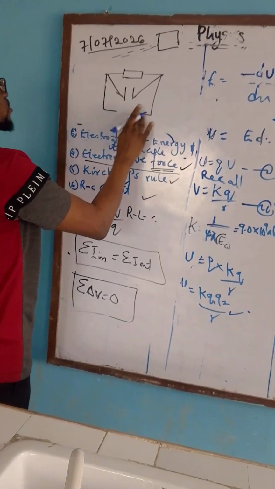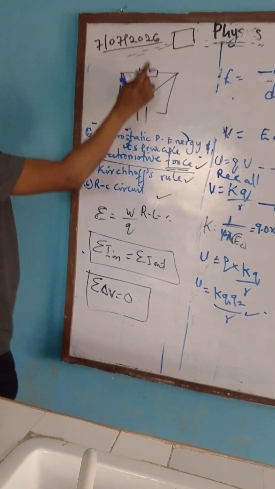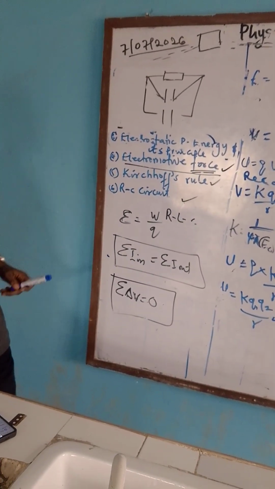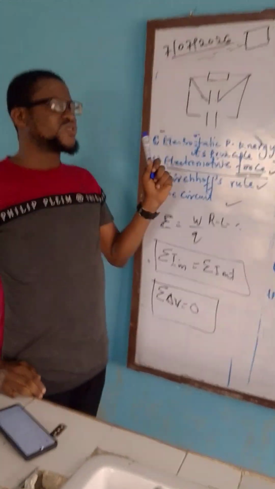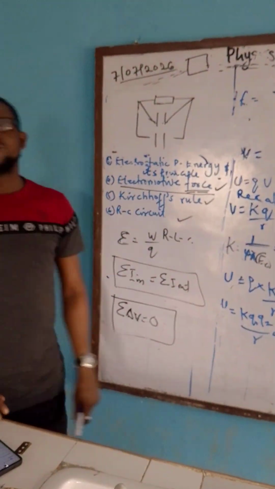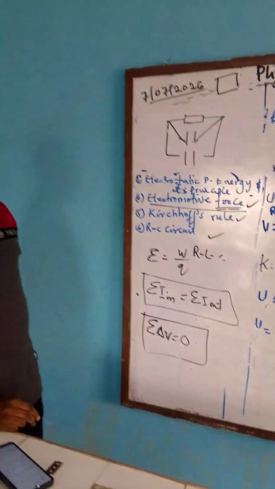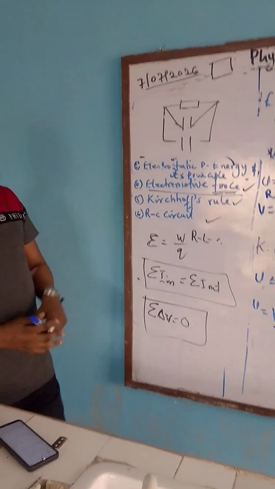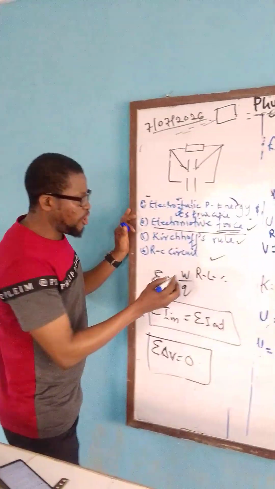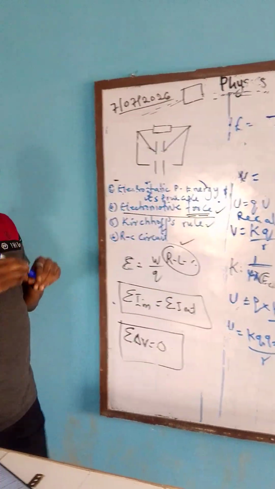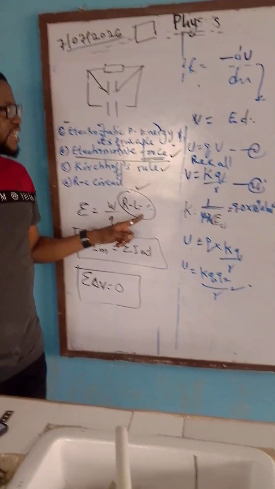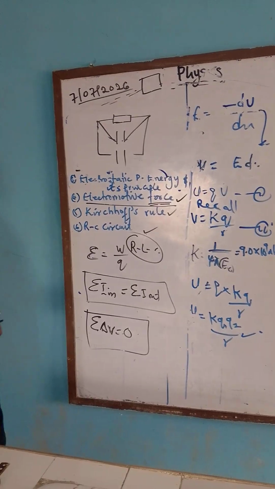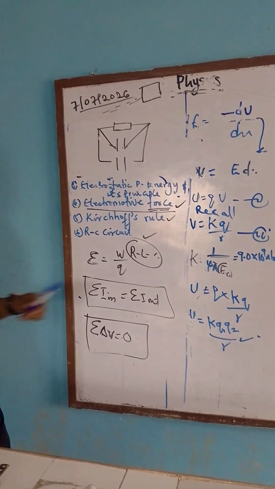When you have a circuit where both capacitor and resistor are shown, it is called RC circuit. But when the three of them are shown, it is called RLC. Now, when the three of them are used, in this topic they shall be called impedance. Impedance, that is their name.